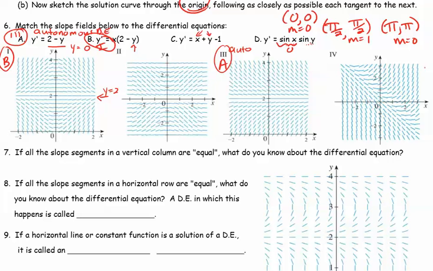So when we're about 3, do you see any place where we have all slopes of 0? At about pi, do you see where we do come up with 0 slopes? And vertically, when x is about pi, do you see that we all have 0 slopes there? So with a little bit of process of elimination, I'm going to give 2, matching up with letter D.